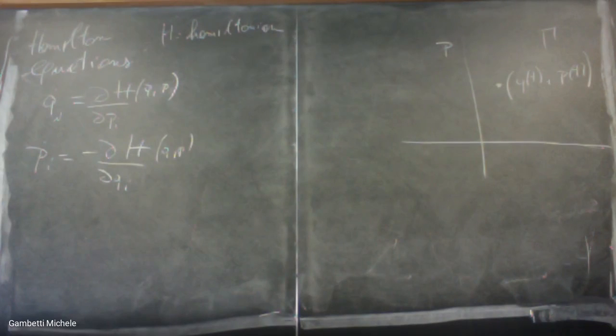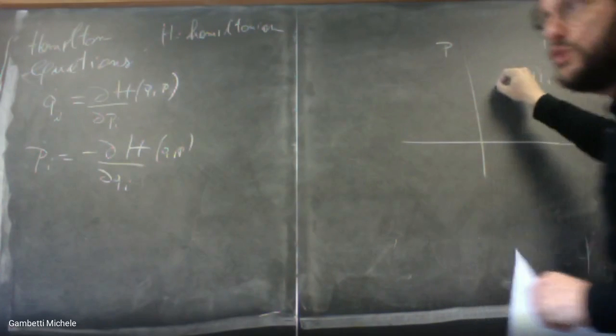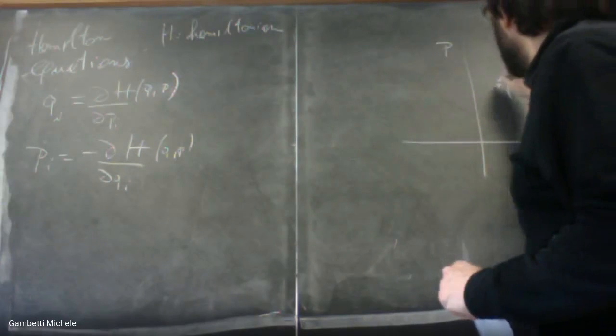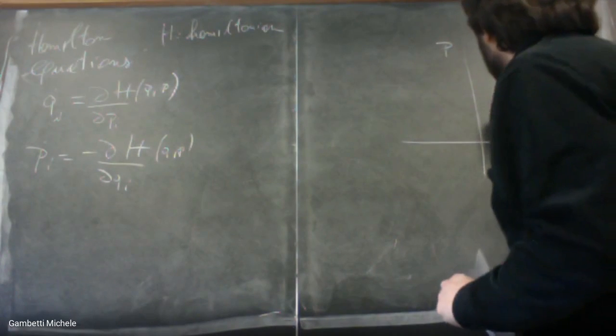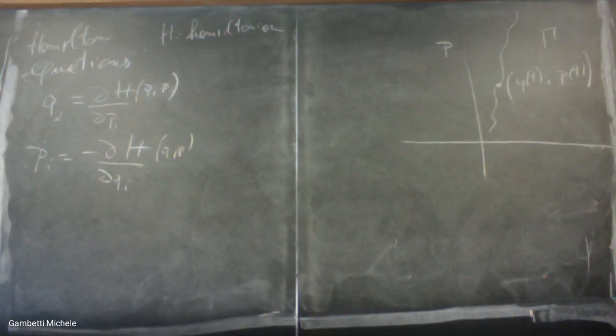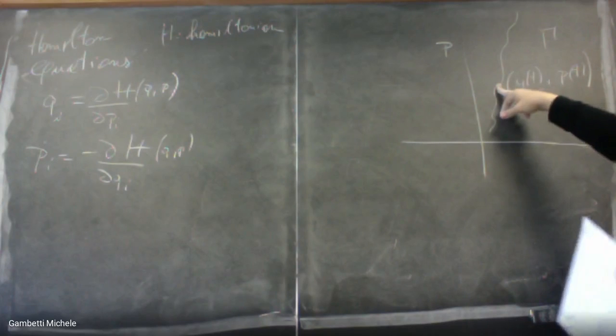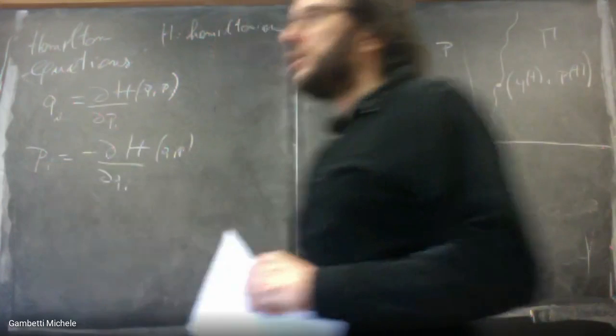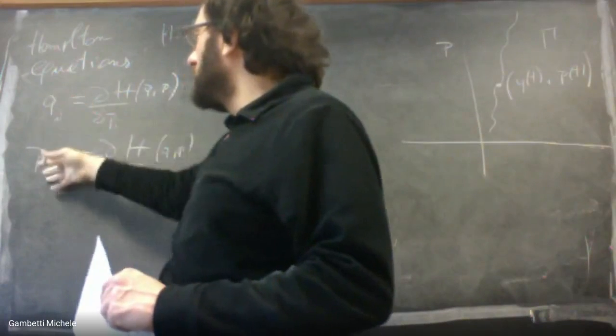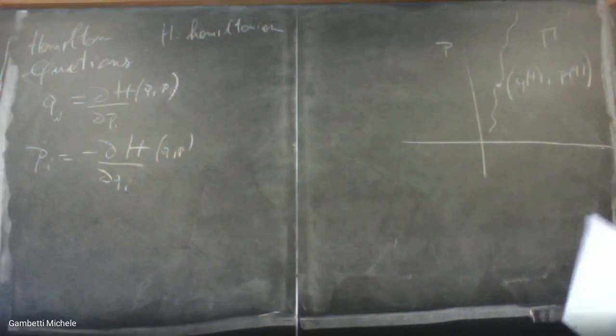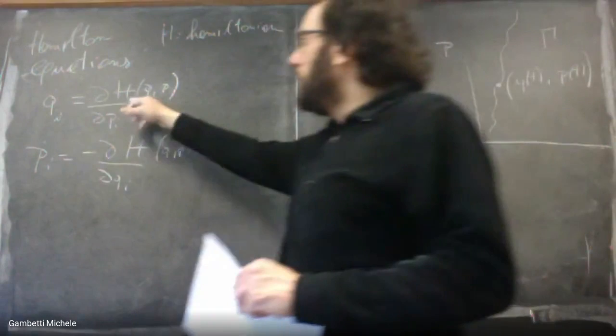Basically, if I start with a certain vector of q and p at a certain time, then the dynamical evolution of the system will be a trajectory of this point in the phase space, whose velocity, which means the vector provided by q dot and p dot, is given by the relation between these two quantities, which correspond to the components of the velocity in the phase space, and the Hamiltonian.